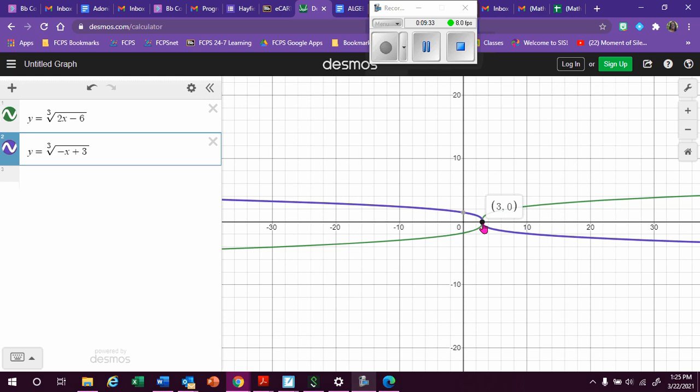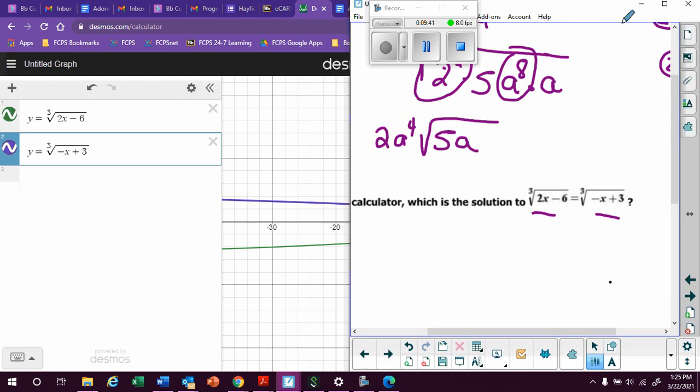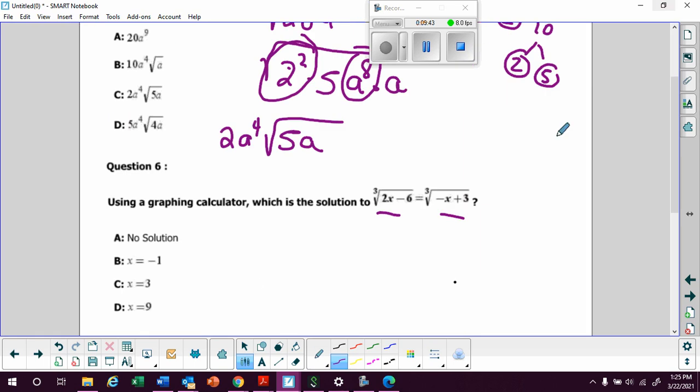You see that both graphs intersect at positive 3 and 0. So you go back to your graph, and then x is going to be 3 as your solution. Okay, which is C.